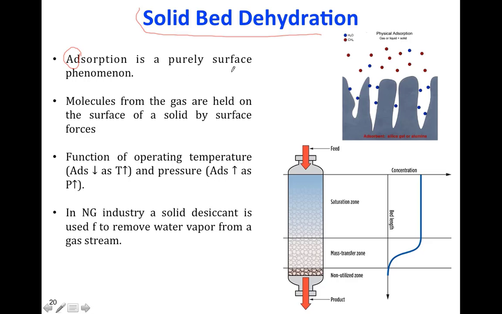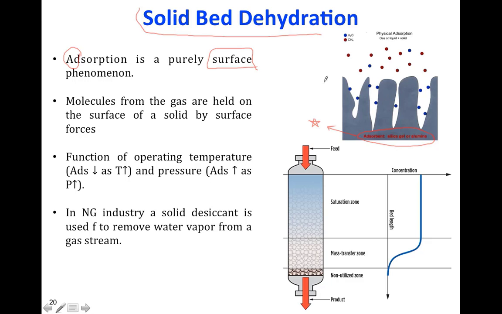And instead of glycol, now we use solid particles. This solid bed, for dehydration of natural gas, is usually silica gel or alumina gel, an alumina bed.